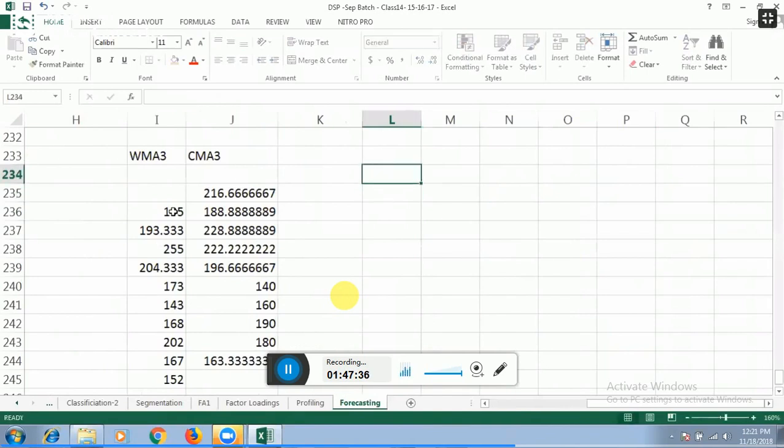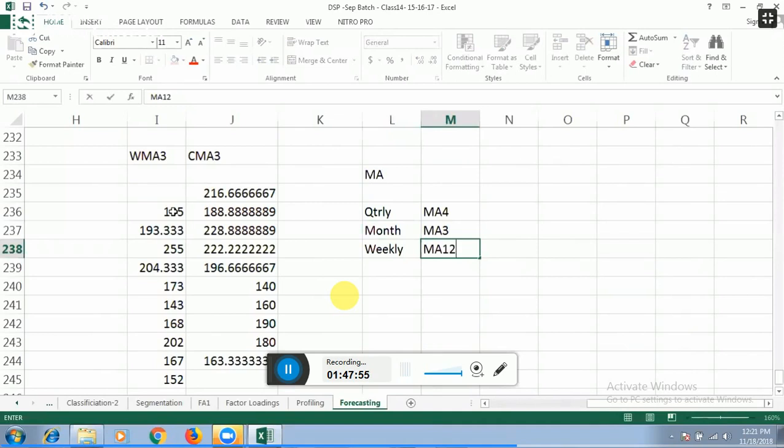From a moving average perspective, if the data is quarterly, we take a moving average of 4. If the data is monthly, a moving average of 3 works better. If the data is weekly, a moving average of 12 or 4 can work.